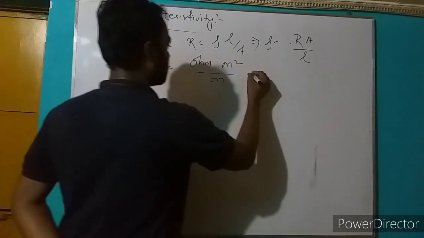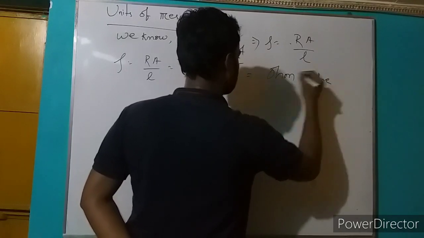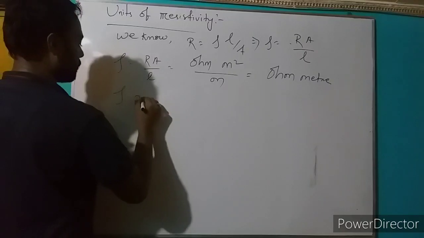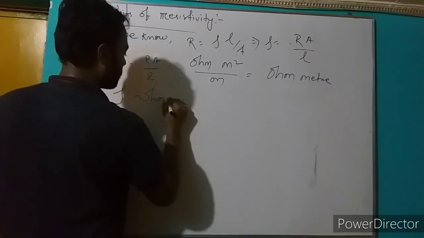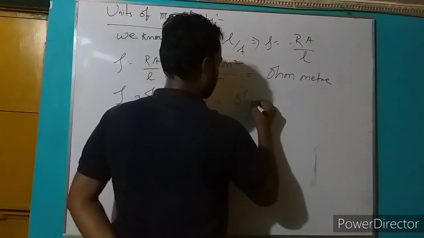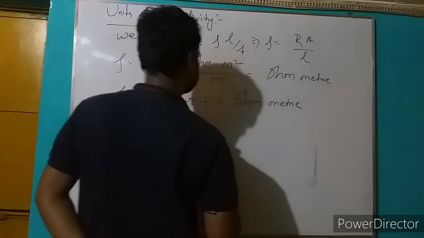So meter cancels out, and ohm meter is there. So resistivity, whose unit is ohm meter. Clear?